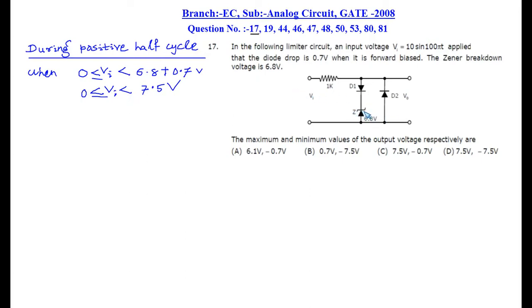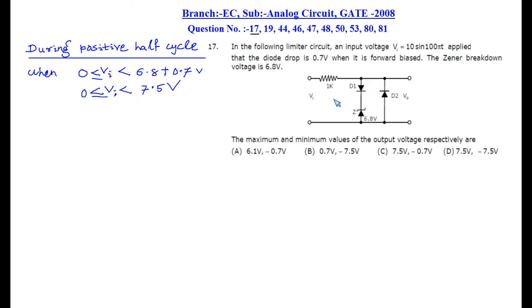Because the Zener diode has a breakdown voltage of 6.8 volt, and once the input voltage is greater than this, the diode will have a drop of 0.7 volt. So the total voltage needed for the diode to be in forward bias and the Zener diode to be in the breakdown region is 6.8 plus 0.7, that is 7.5 volt.